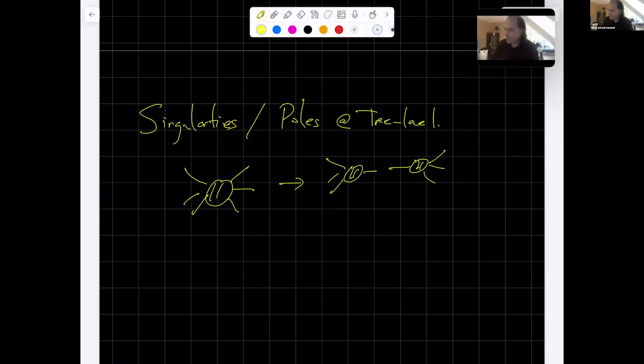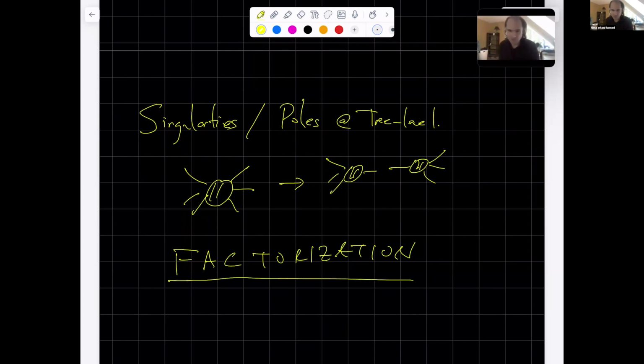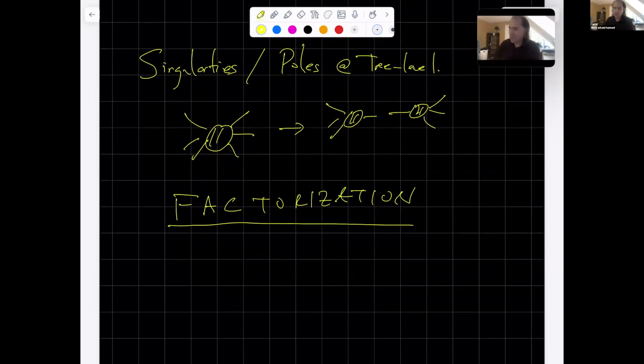This knowledge of factorization is a canonical fact about this rational function, which is the tree amplitude. And the knowledge of factorization lets us recursively determine tree amplitudes in a variety of ways.